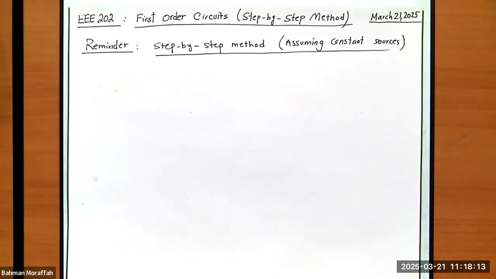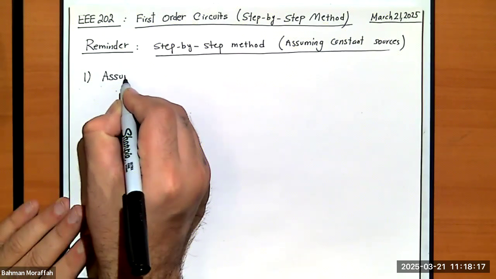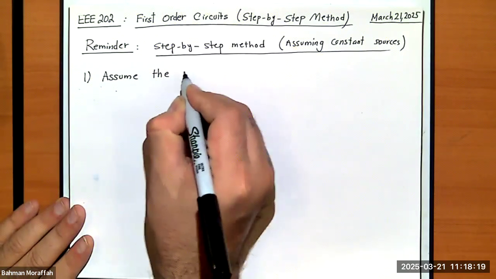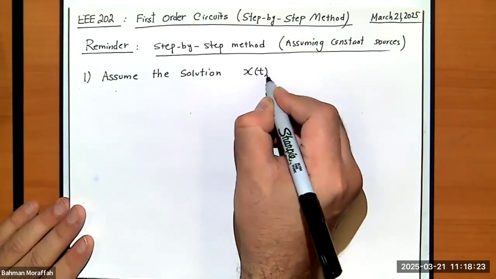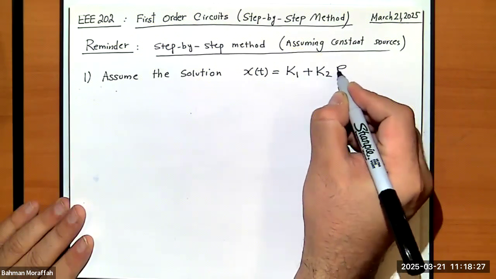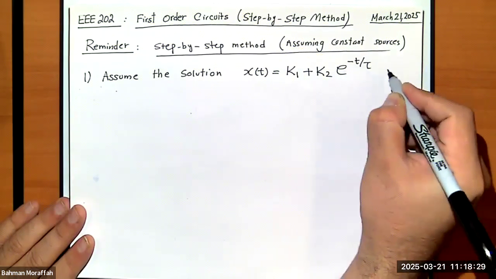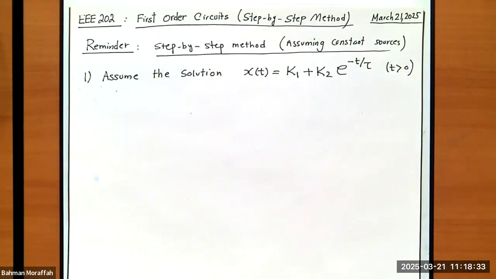All right, so the first step was: assume the solution is x(t), which has the exponential form k1 plus k2 e to the power of minus t over tau for all times t greater than 0, right?